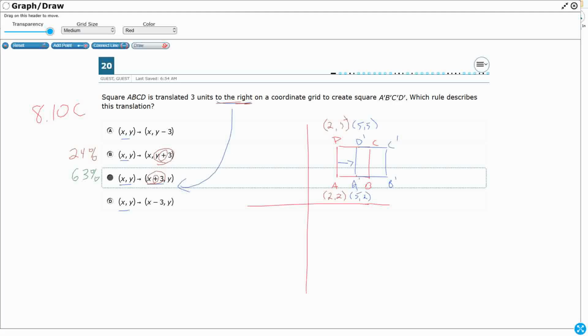We only had 6% of our students choose D, which still maintained the x value, but they just decreased it by 3. Not really anyone chose that one. 7% chose A. Really, the tripping up was if we're going to the right, we know we're increasing, but we still had 24% of our students switch the x value and the y value.